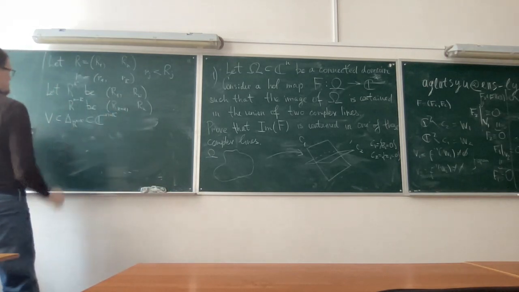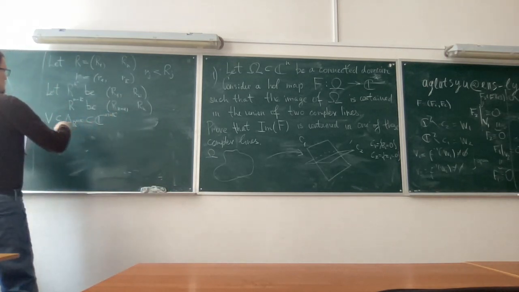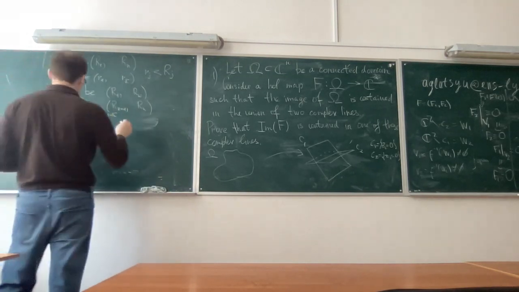And fix an open subset inside the polydisk delta Rn minus k.